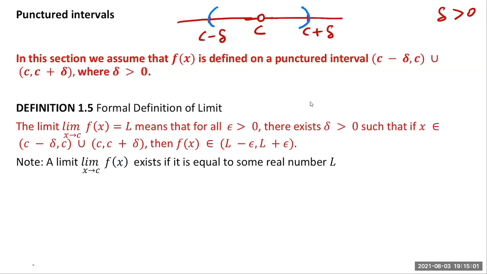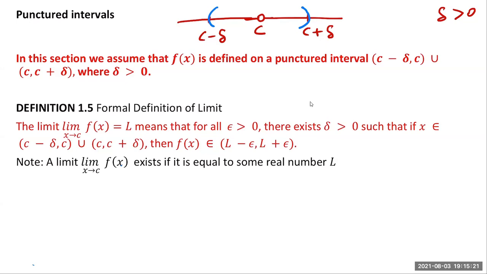Having introduced this punctured interval, let's go to our definition. First definition, definition 1.5, formal definition of limit. Here is where we give the formal definition of limit. Last time we were talking about the geometric aspect of limit, but here we give the formal definition.